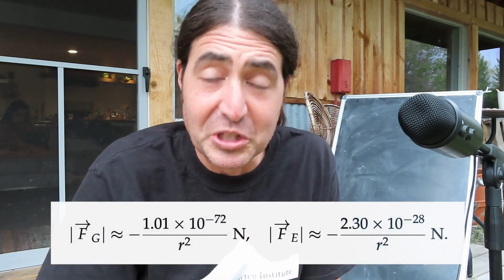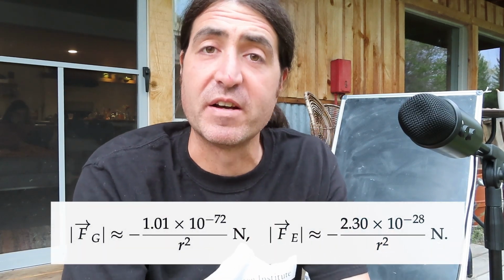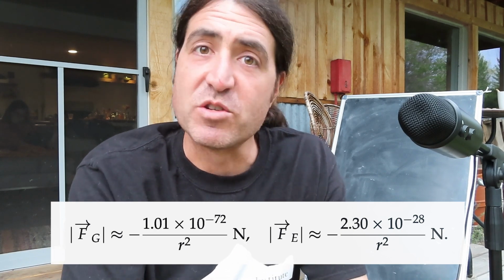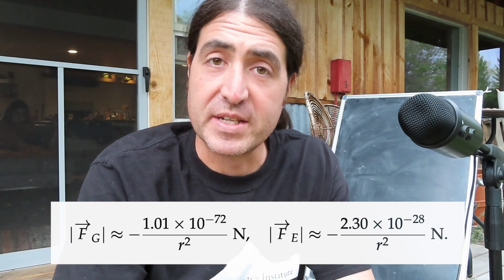And we can ask, okay, so what's the relative strength of the electric force to the gravitational force? And for this case anyway, we see that the electric force, Coulomb's law, completely dominates the interactions between the proton and the electron. The gravitational force is just incredibly, incredibly weak. It's negligible for all intents and purposes.